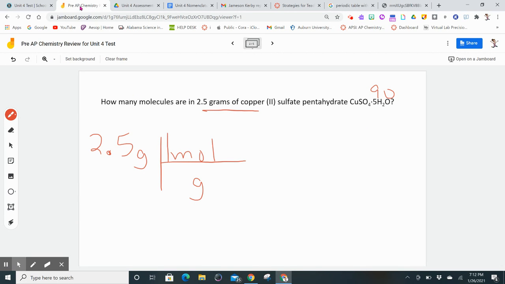So 63.5 plus the sulfur, which is 32, plus the 4 oxygens, which are 16 each. And so this part is 159.5. And I'm going to add that to the 90 that's there. Gives me 249.5.